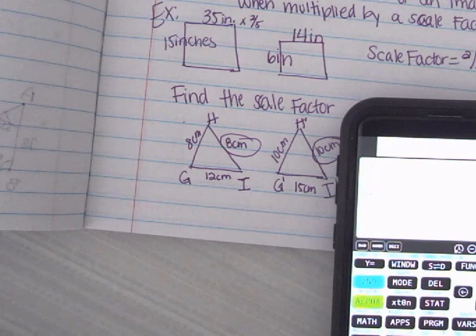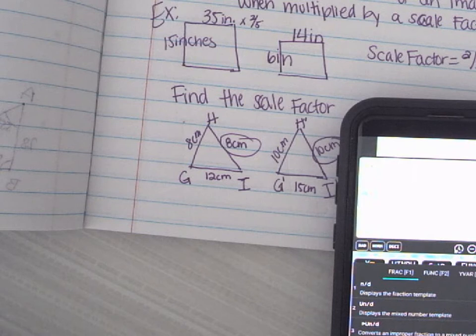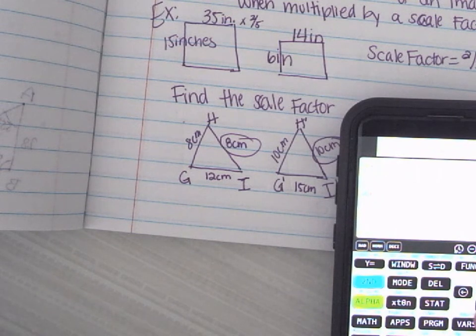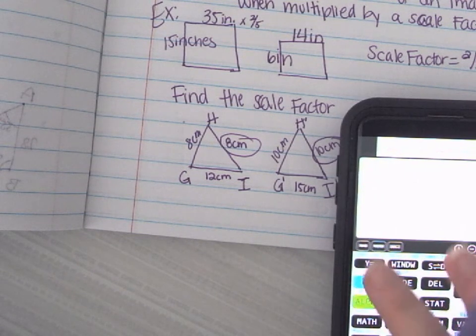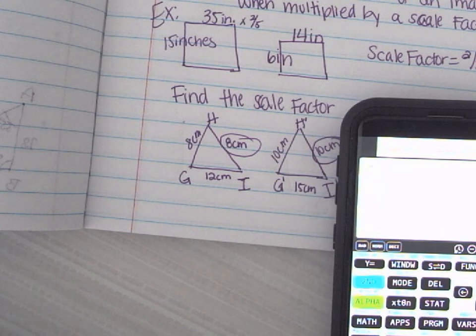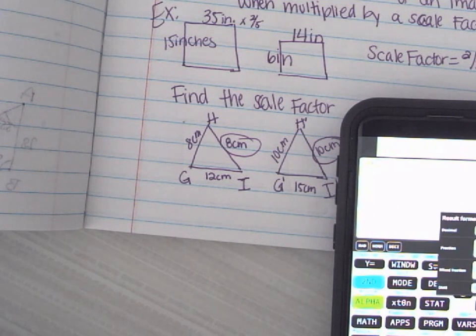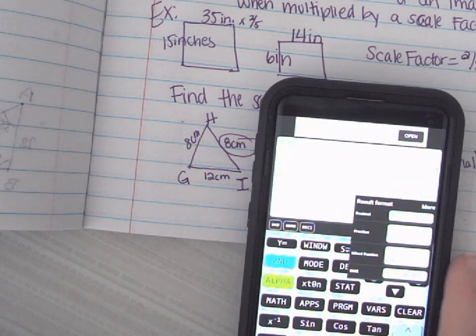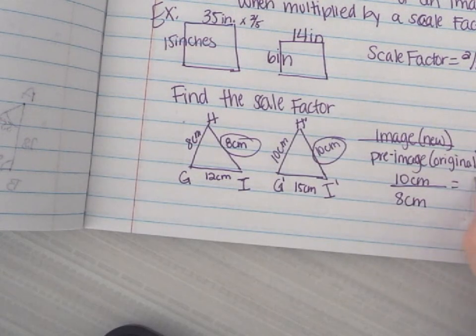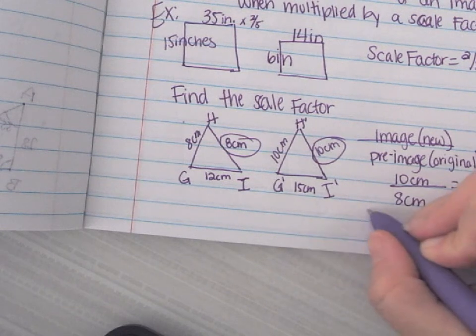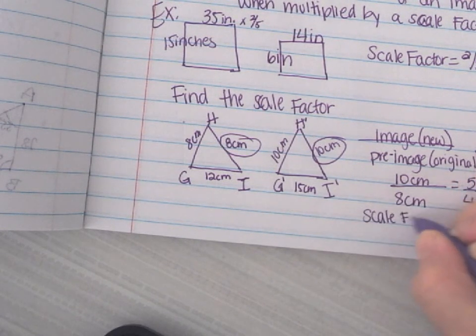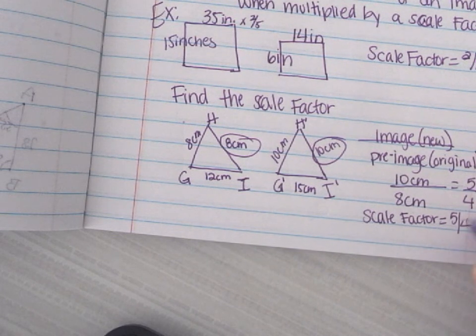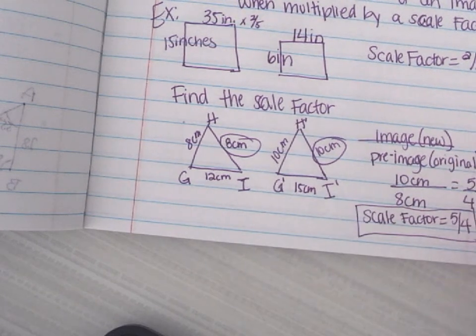Then you just simplify that, and I want that as a fraction, which is 5/4. So this was enlarged by a scale factor of 5/4. I know it was an enlargement because it's greater than 1. It's 1.25 if I change it.